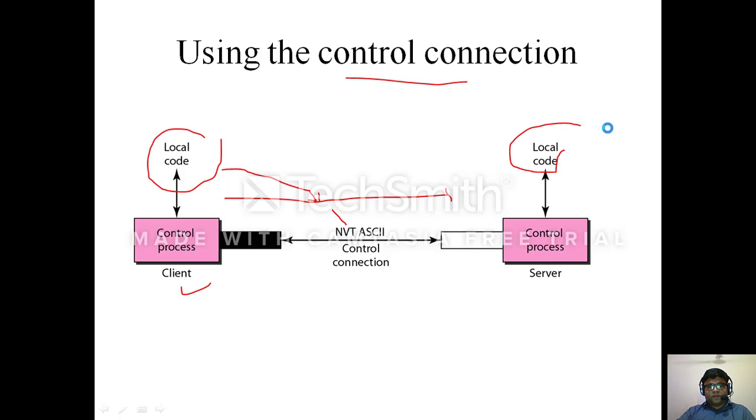Again, when a response comes from the server side, it will be converted into NVT ASCII, and this NVT ASCII will be converted here into the local code. This NVT ASCII character set is required to work as an interface to remove the incompatibility.